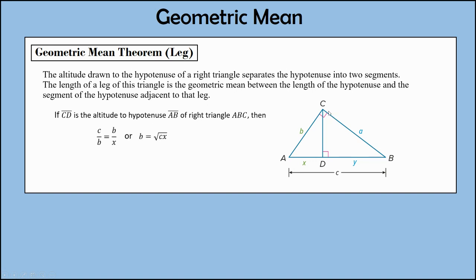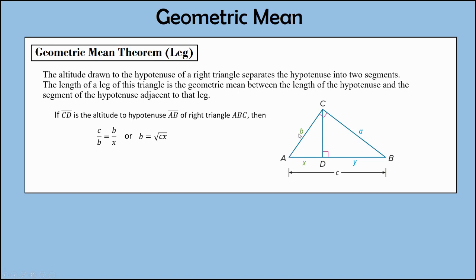Okay. If I want to find the length of B, this leg of the original right triangle, then I know B is going to be the geometric mean of the distance from A to B, which is the hypotenuse of the original triangle, which is C, and the segment of the hypotenuse that is adjacent to the side I'm looking for. So X is the piece of this hypotenuse that's adjacent to the side I'm looking for. Adjacent means they're connected.